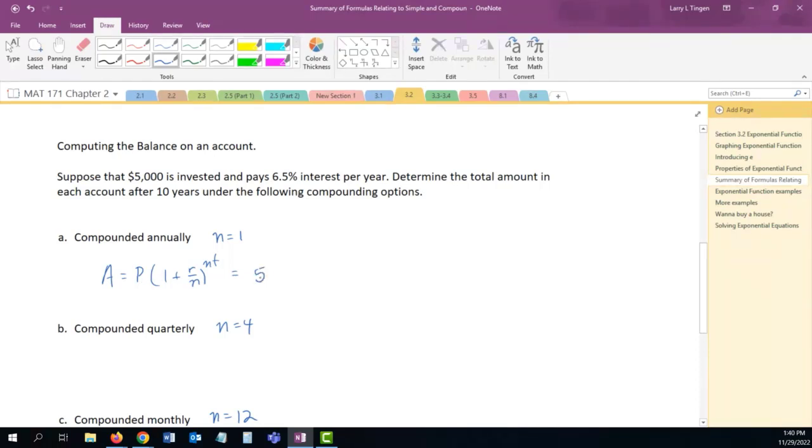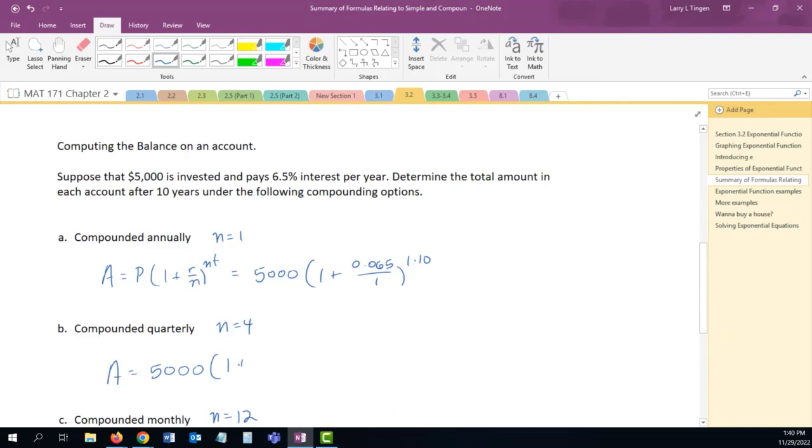So that's the equation. I'm looking at 5,000 times 1 plus 0.065 divided by 1, raised to the 1 times 10. Plug that in your calculator and you'll get a number. Then compound quarterly, monthly. All the numbers are done in the completed notes that are posted in that lecture. The only thing that changes between these is n.